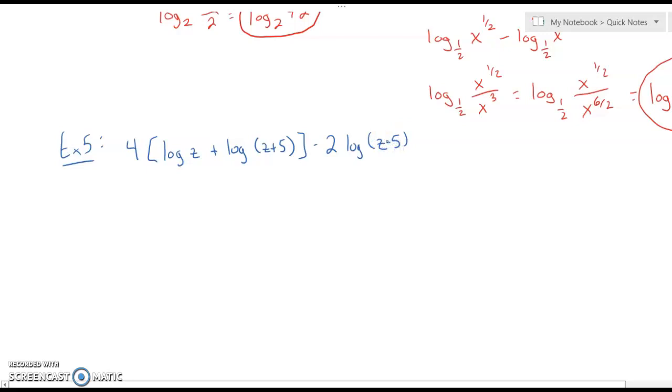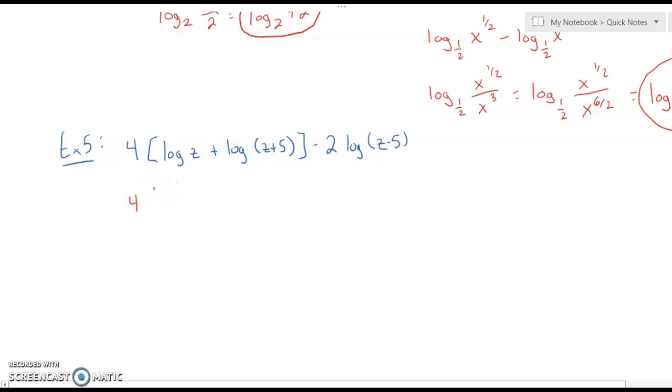So there's a couple approaches I can take. One approach is I can take that 4 and distribute it. The other thing I can do is take my expression that's in those brackets and condense that down first, then take that 4 and bring it in. I think I'm going to go with that approach just because it seems easier.